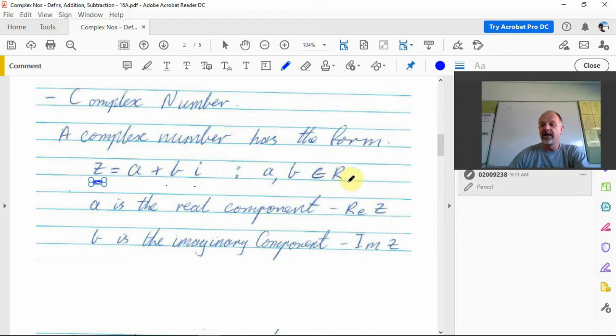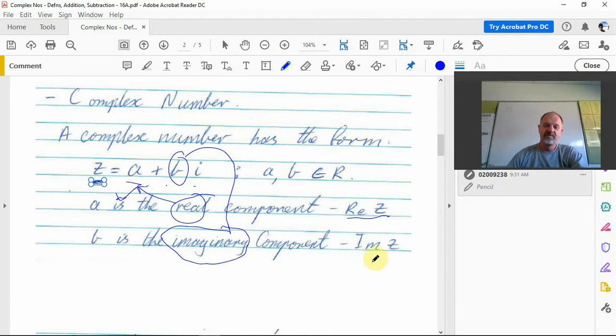And a and b are real numbers. So this a is the real component, written as Re(z), and the b is the imaginary component, written as Im(z).